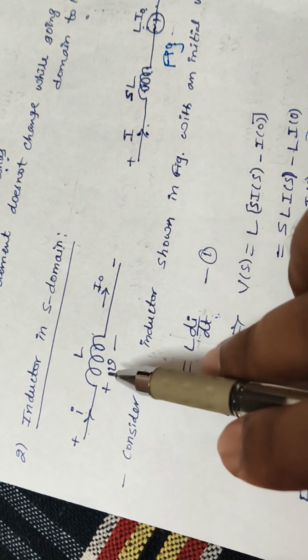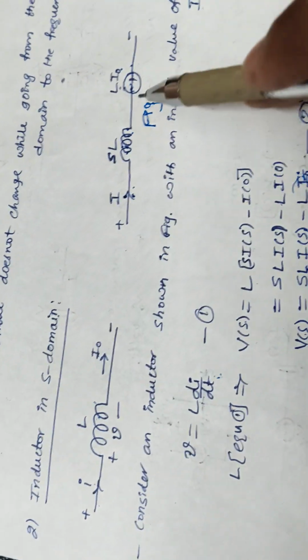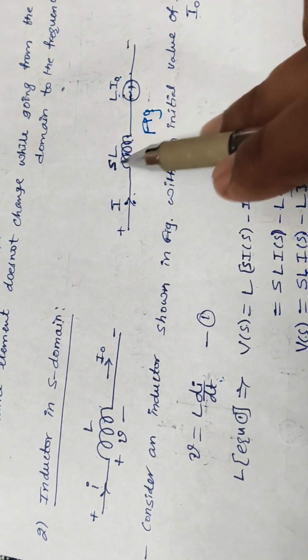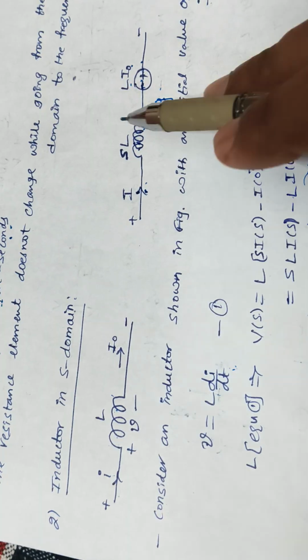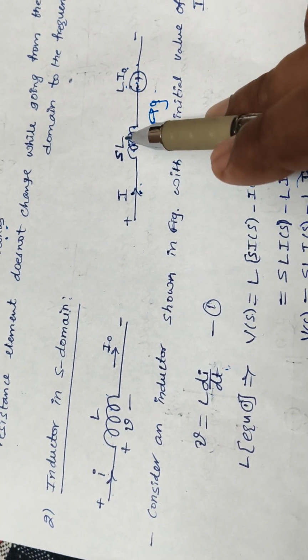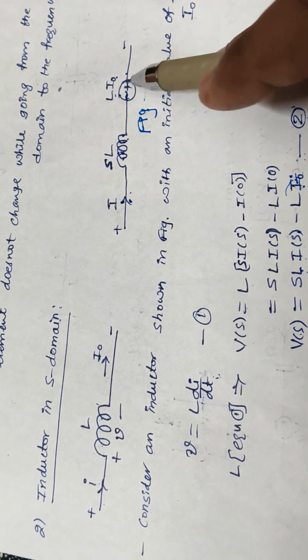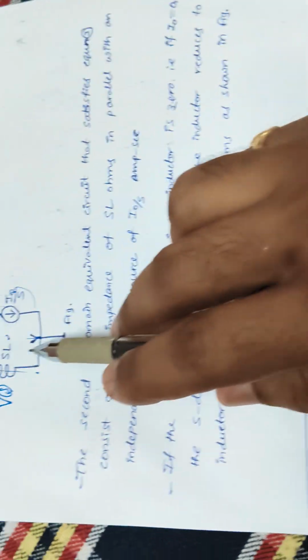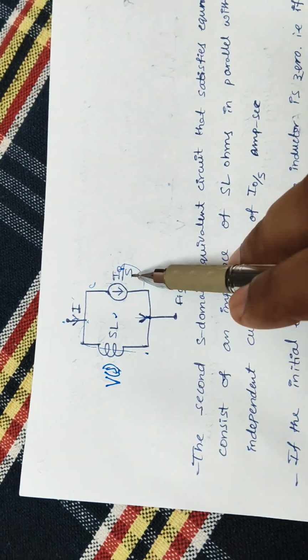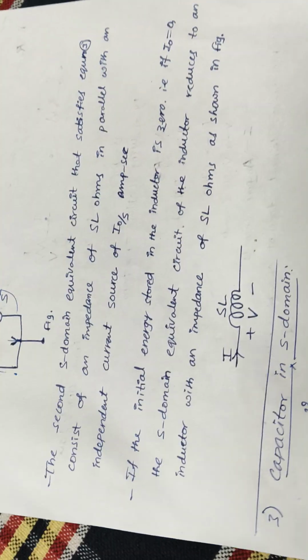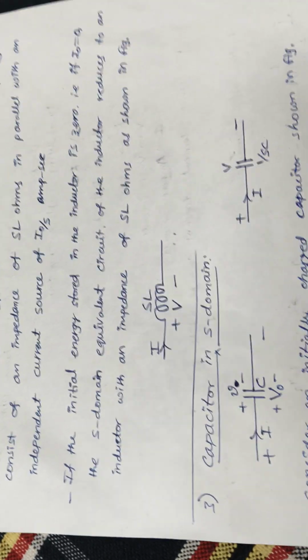Wherever you have a single inductor like this, it can be represented in the series representation like this. Inductor L will become, in time domain to S domain, SL impedance in series with the L I naught independent voltage source. In a similar way, the parallel representation means SL in parallel with the independent current source. The same circuits will be used during circuit analysis with the problems.